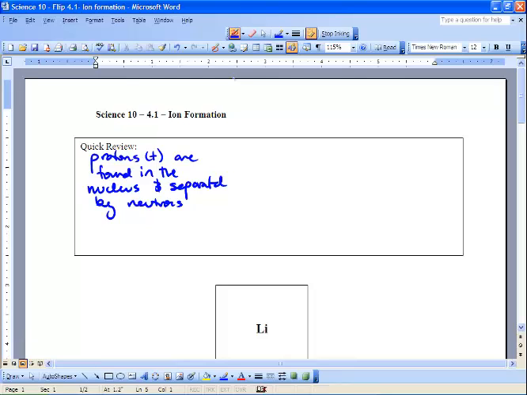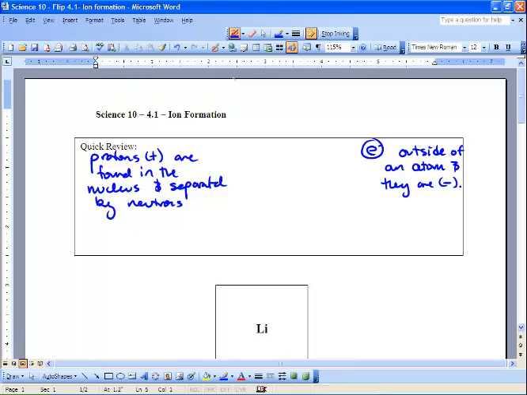Neutrons are neutral, so they don't have a charge. And we have electrons, they are on the outside of an atom. And they are negative. All right, so they orbit the nucleus.